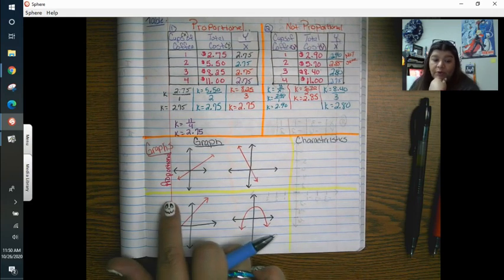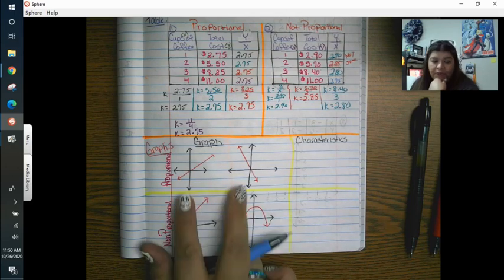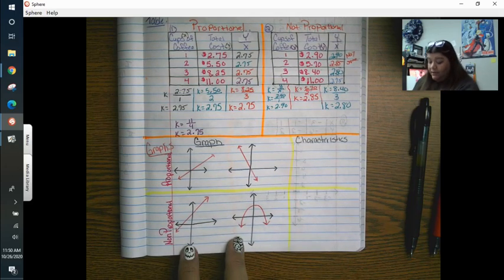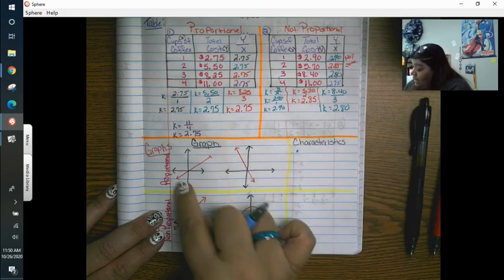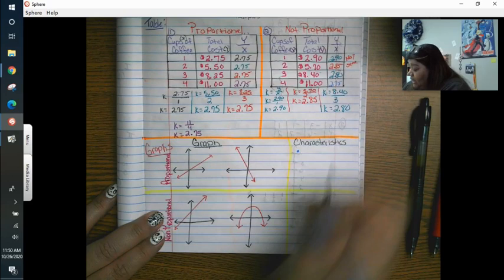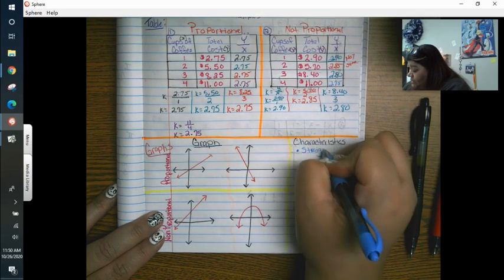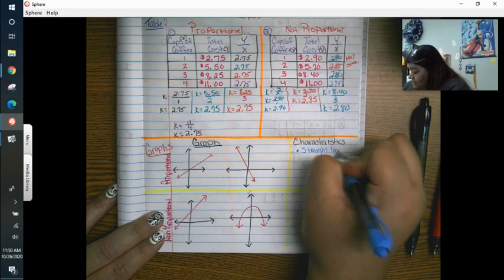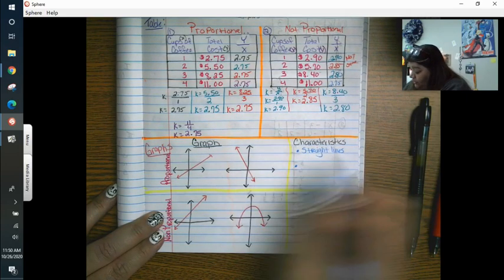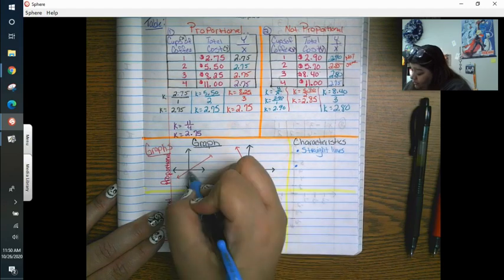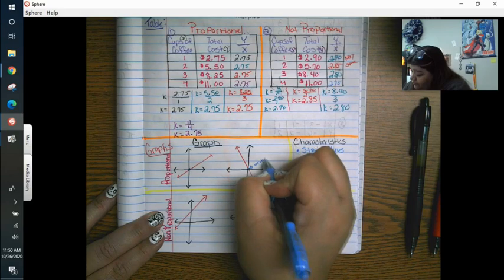Okay. So if you look at the proportional graphs, can you see some characteristics here compared to the non-proportional graphs? Right here, I can see that they are straight lines. So we have straight lines, no curves, they're straight, okay? Also, if you look here, this is the origin, that's what we call the origin.